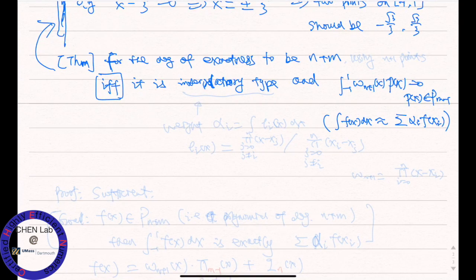All right, that's what we wrote exactly to be m plus m using m points.